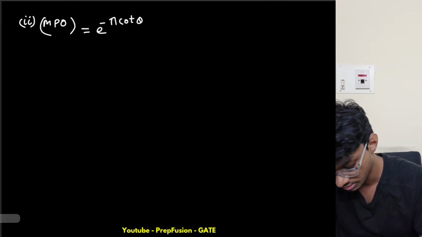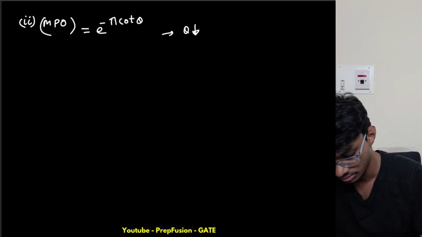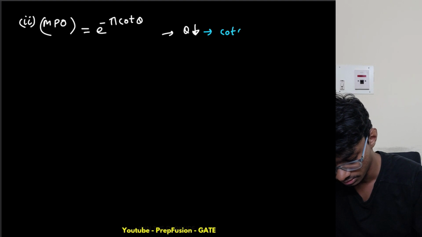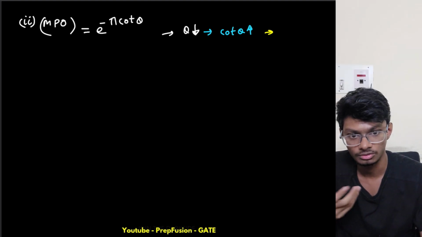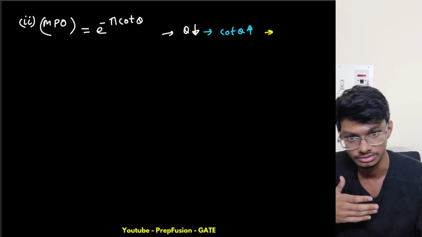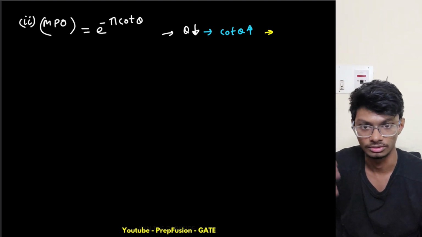If theta reduces, my cot theta will increase, okay. If my cot theta increases, then e raised to minus pi cot theta will also reduce, because something in a negative power is increasing, so obviously this whole thing will reduce.